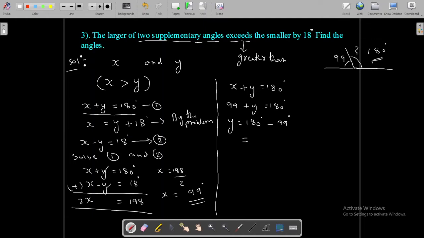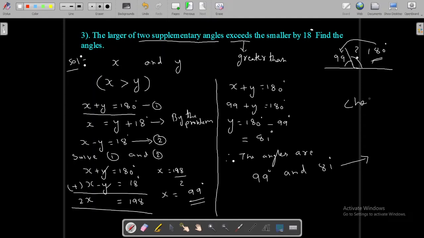If I want to get the second angle, I have to subtract 180 minus 99, which is nothing but 81 degrees. Therefore the angles are 99 degrees and 81 degrees. So this is our correct answer.